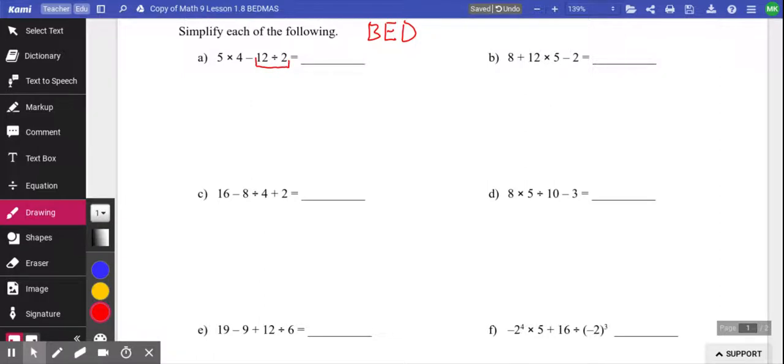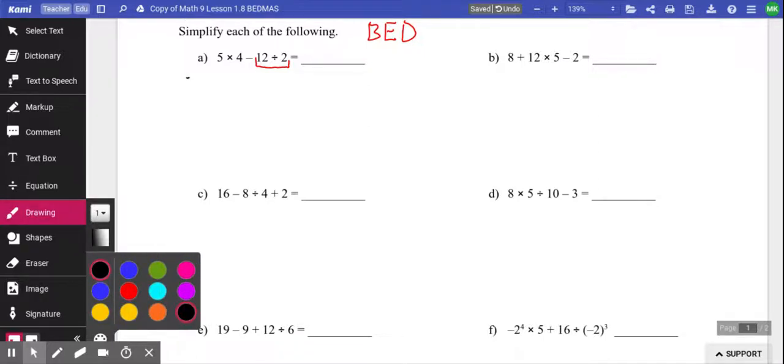That's the first thing you should calculate. Everything else is going to stay the same. So when I look over here, my 5 times 4 and my subtraction stay the exact same. In my calculator, I put 12 divided by 2 to get 6. So the only number I've changed is in red, and I'm showing you where it came from by underlining the red part.